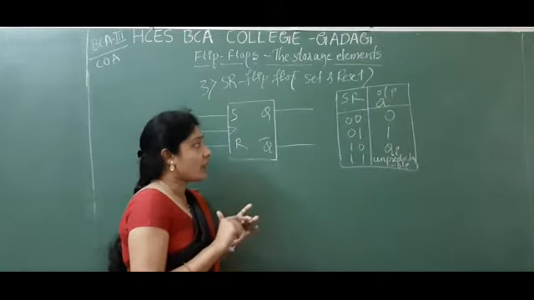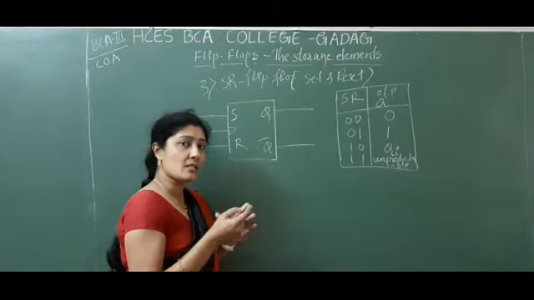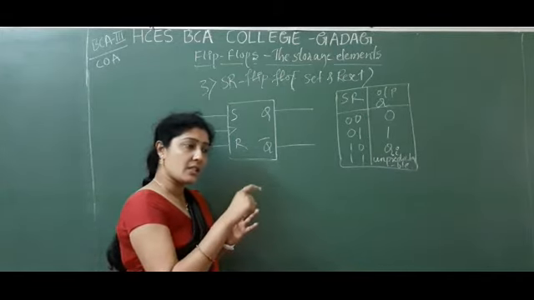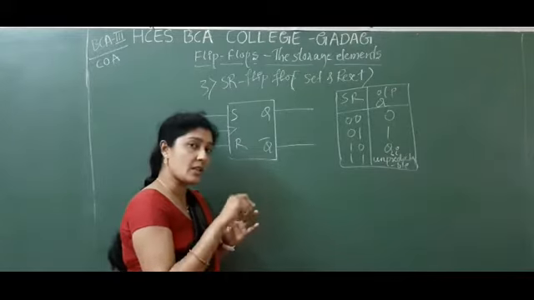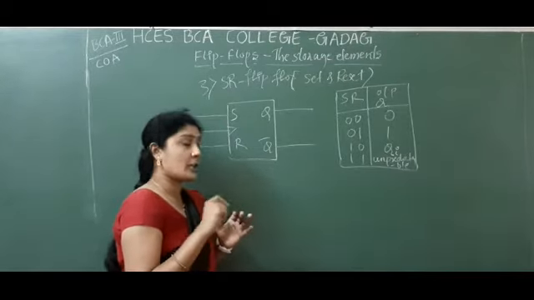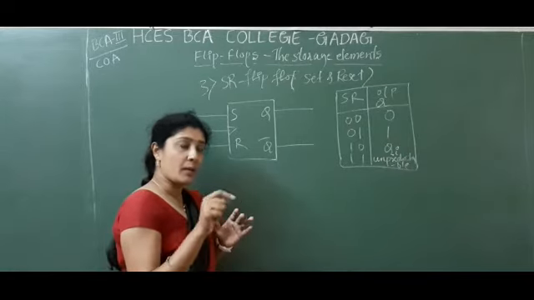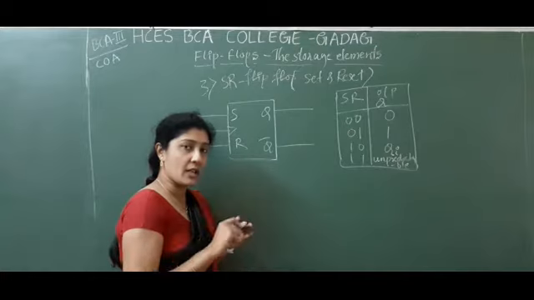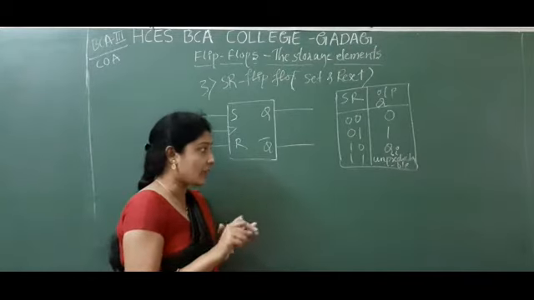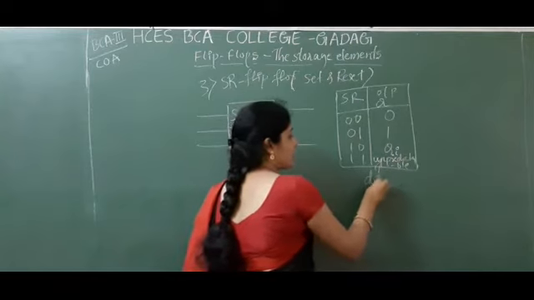And when the input is 1 0, the output is Q, which means there is no change. Whatever is there remains the same. When the input becomes 1 1, it is unpredictable. Unpredictable means we cannot decide what will be the output. That's why it is called unpredictable, and this state is a disadvantage.